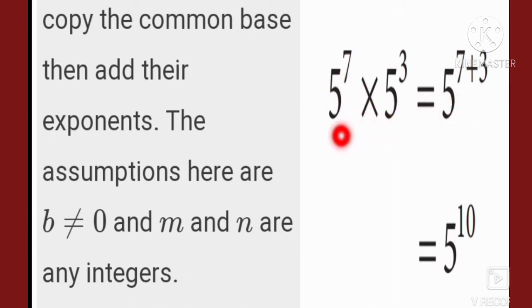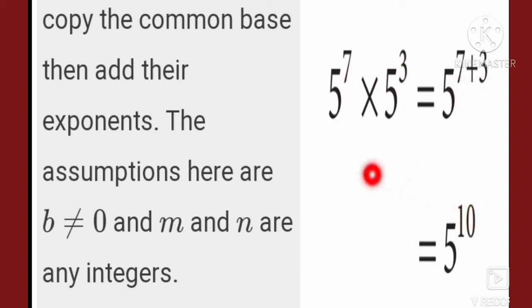We have to copy the common base and add their exponents. The first exponential number has 7 as the exponent, and the second exponential number has 3 as the exponent. So, adding the exponents, we get 7 plus 3, that is 10.